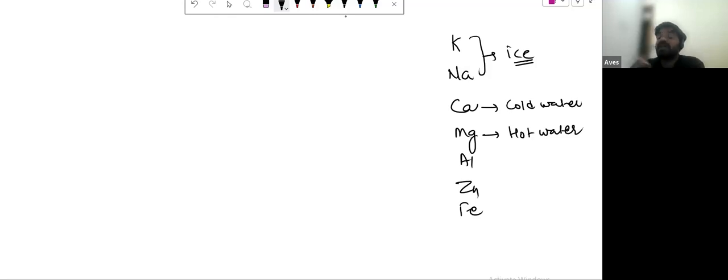Magnesium reacts with hot water. Sometimes it is asked which metal X reacts with hot water, so just keep in mind that most of the time, magnesium is the metal that reacts with hot water. The condition of hot water is for magnesium, but the elements above it can also react with hot water.